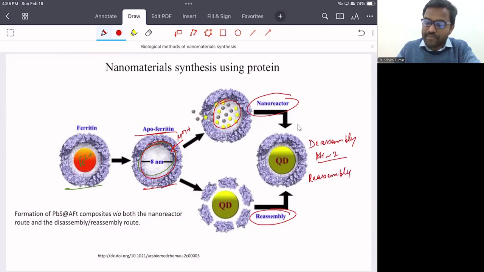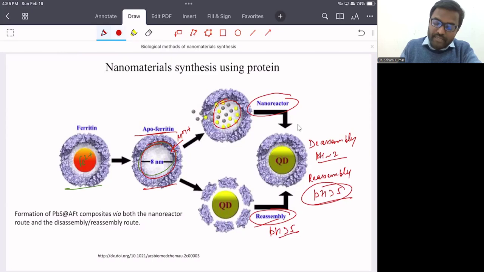The reassembly formation happens when the pH is greater than 5. So what we can do here is add a reducing agent at low pH. So what happens? We will have the formation of nanomaterial.